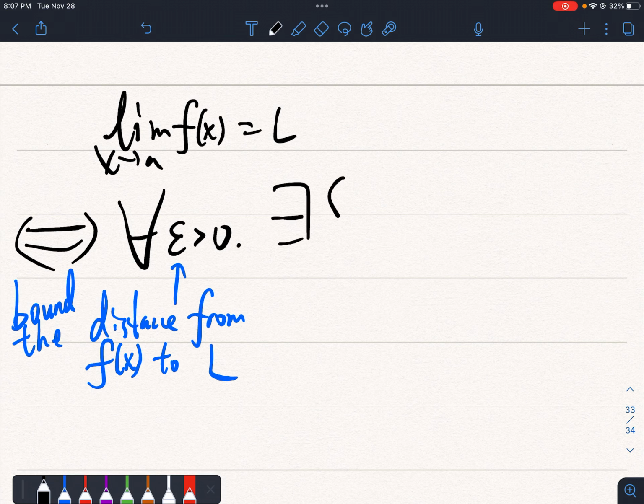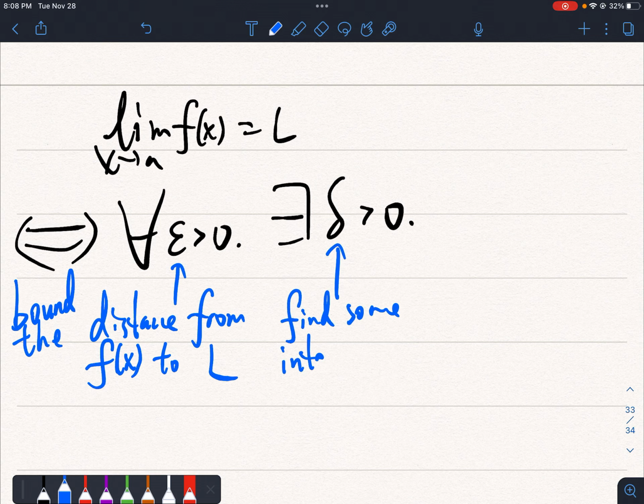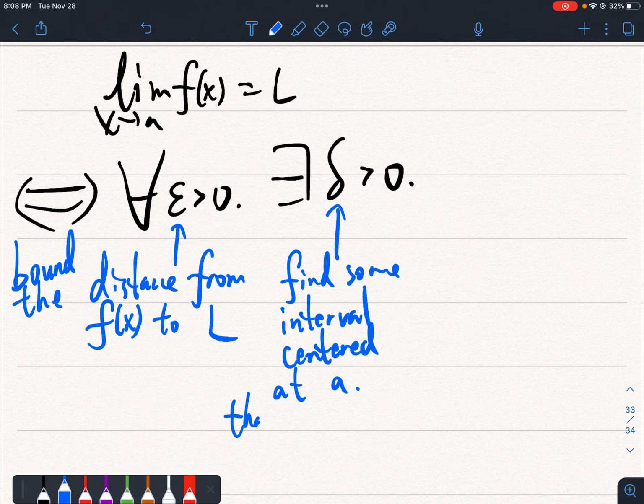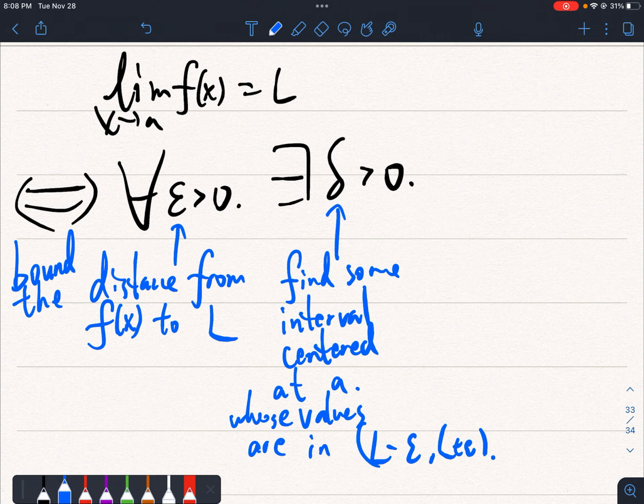We use it to bound the distance from f of x to L, and we can find some delta bigger than 0. This delta is used to find some interval centered at A that has values close enough to L that I can say whose values are in the set L minus epsilon to L plus epsilon.